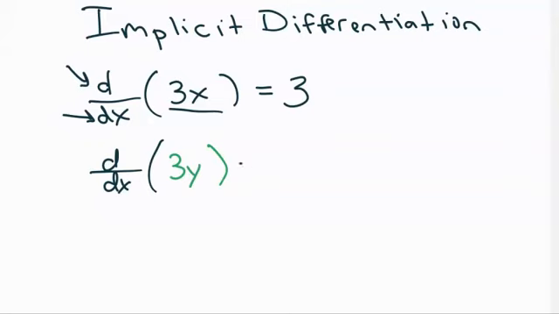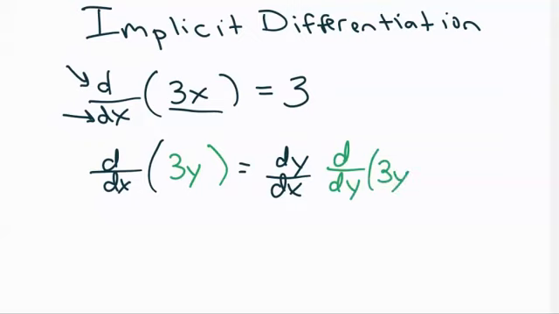So what can I do, and this is the part that kind of hides behind the scenes, to actually compute this or make it work, is my 3y part of this I could think of as the derivative with respect to y of 3y.